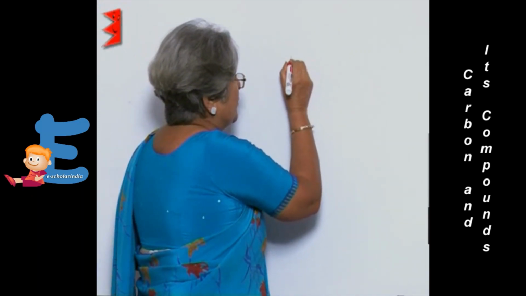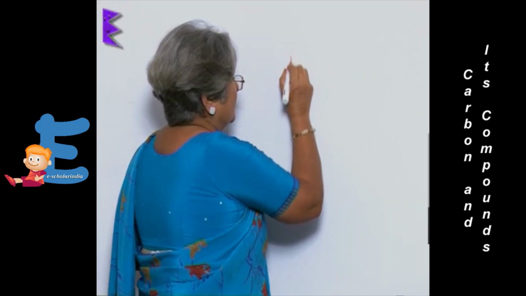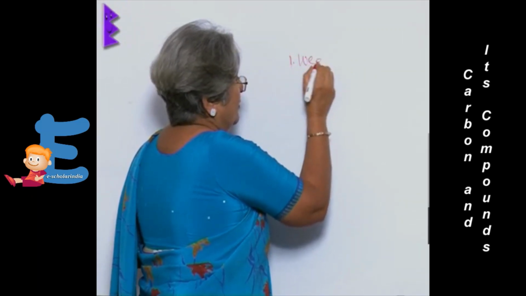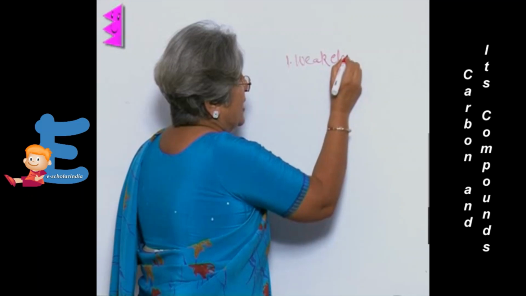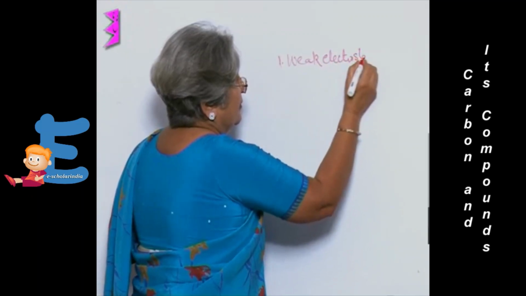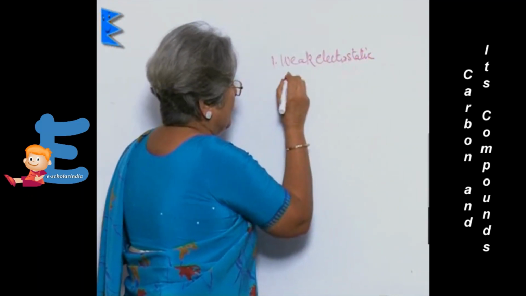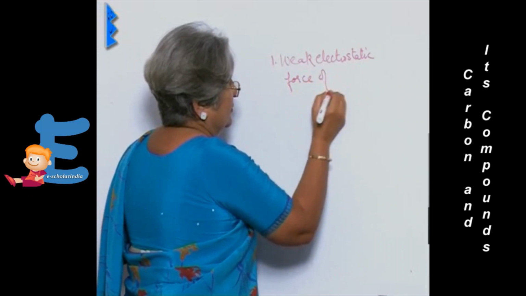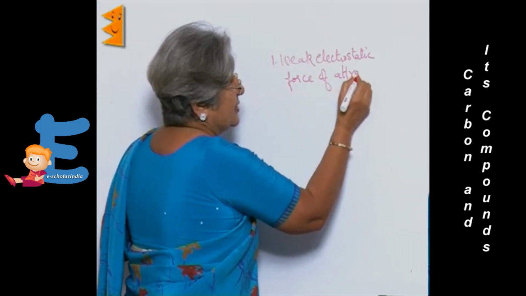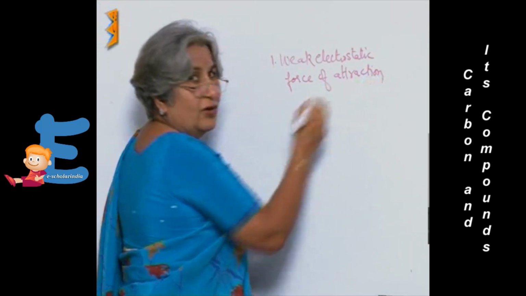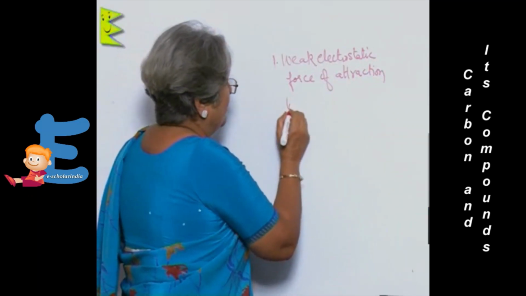So we can say the first point is weak electrostatic force of attraction. And what is the result of this? Low melting point and boiling point.